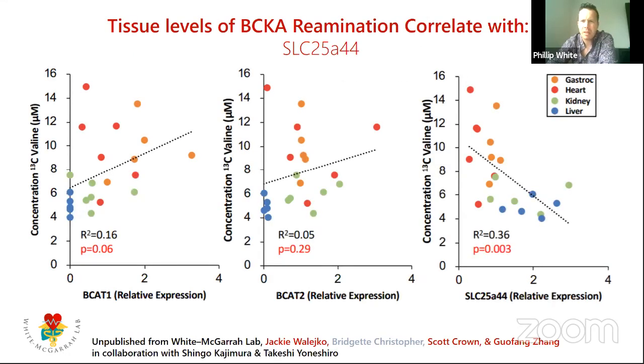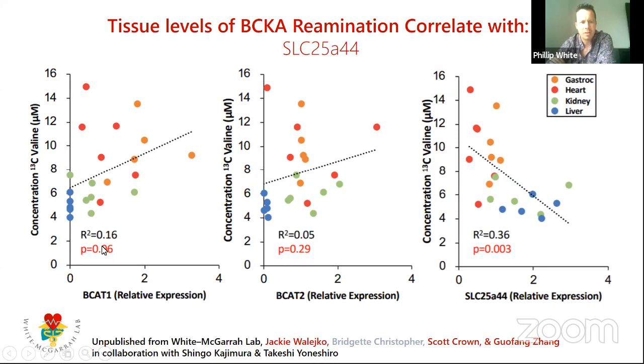So we have this thing where the heart is doing something unique. It's preferentially reaminating the keto acids rather than oxidizing them, and we wanted to understand why that might be. And so at first we felt that a simple explanation might be a differential expression of the cytosolic versus mitochondrial isoforms of the branched-chain aminotransferase enzyme, BCAT1 and 2, respectively.